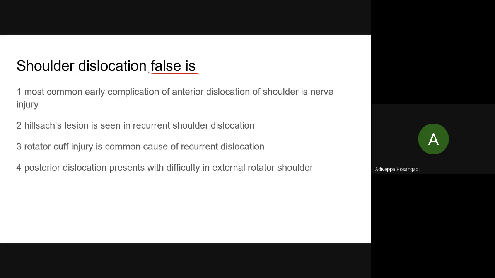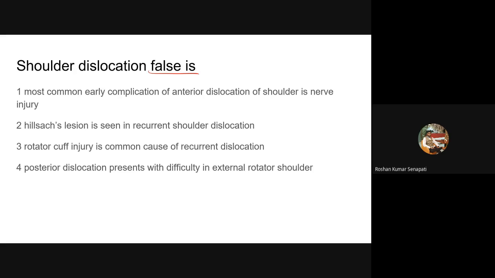Yes, Roshan. What is the confusion now? Have you narrowed down the four choices? Are there two choices you have ruled out? That's how you generally answer when you are in doubt, isn't it? Yes, sir. So what are the choices you have ruled out now? Shoulder dislocation, what is false?